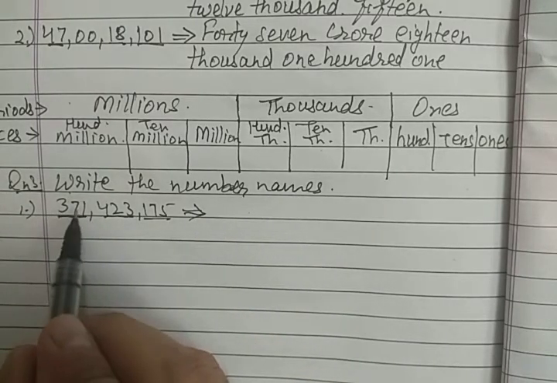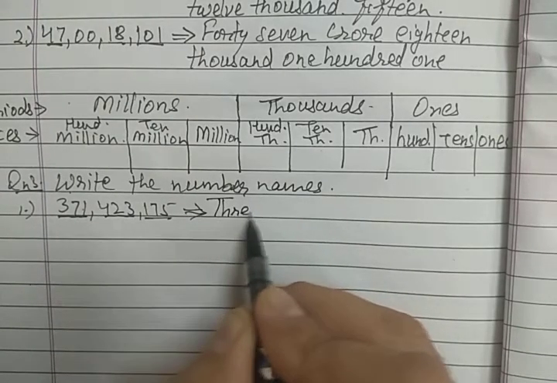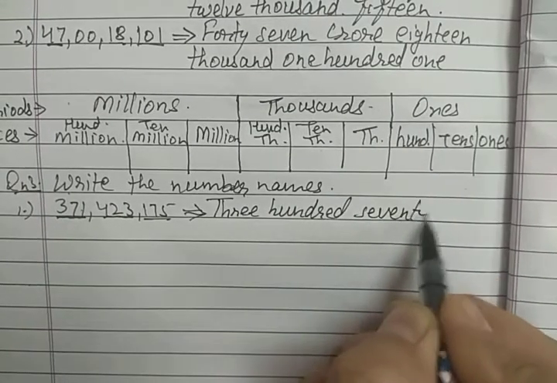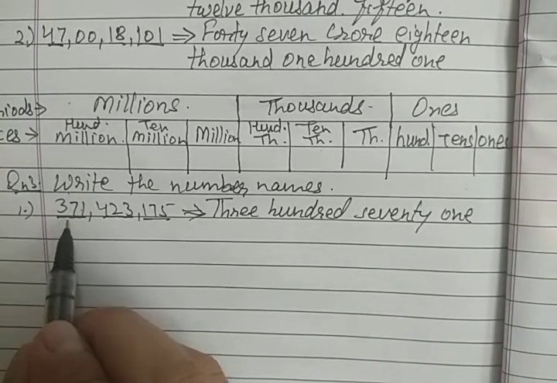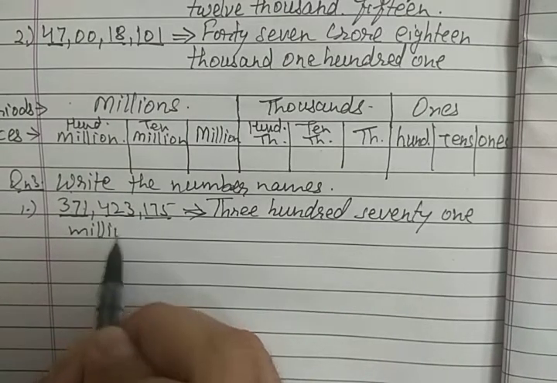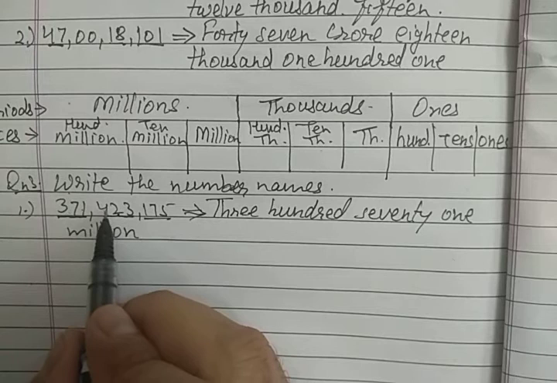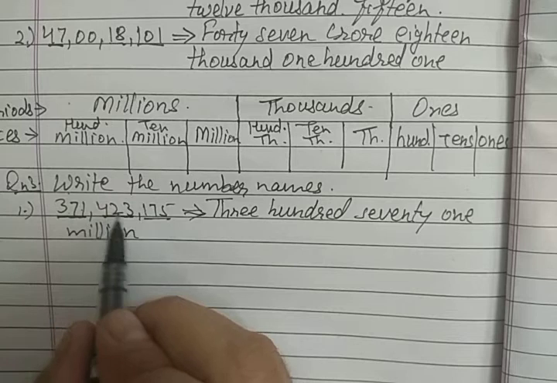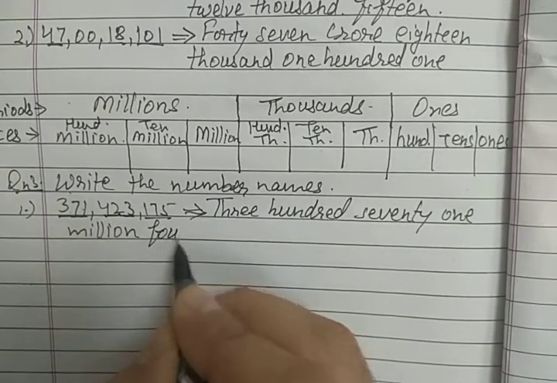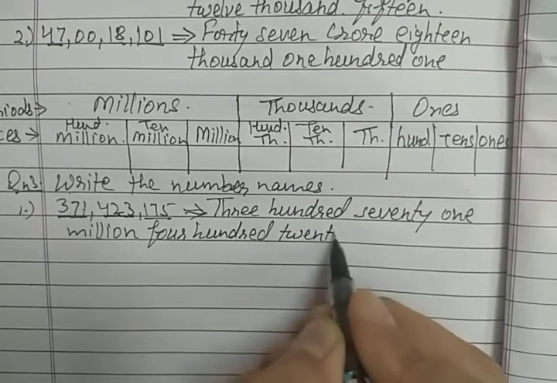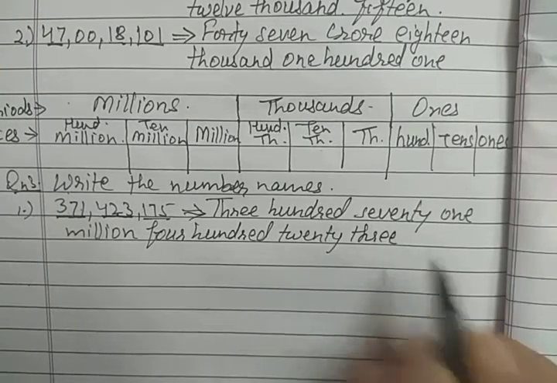So what is this? This is 371. So we'll write 371. Then we will write the period. Which period is this? 371 million. And then move to the next one. What is this? Read all the 3 digits together. This is 423.